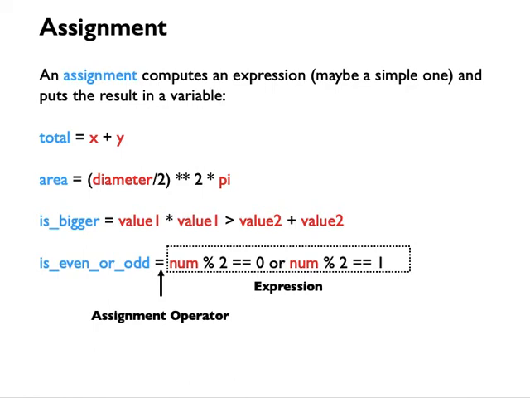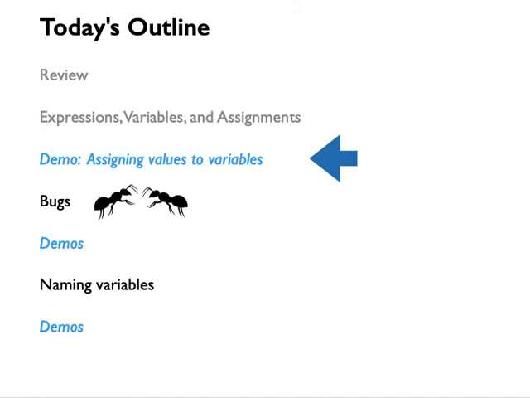An equal sign in mathematics is saying that something is always true the way it's written, whereas in computer science, we're taking some value and storing it somewhere in the state of our machine. That thing that we're storing it in is called a variable. So next what I want to do is stop this video and make another video to show you some examples of assigning values to variables in Jupyter Notebooks.